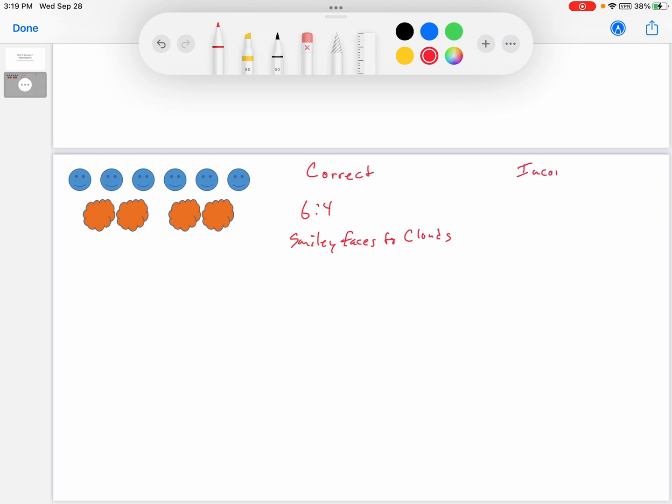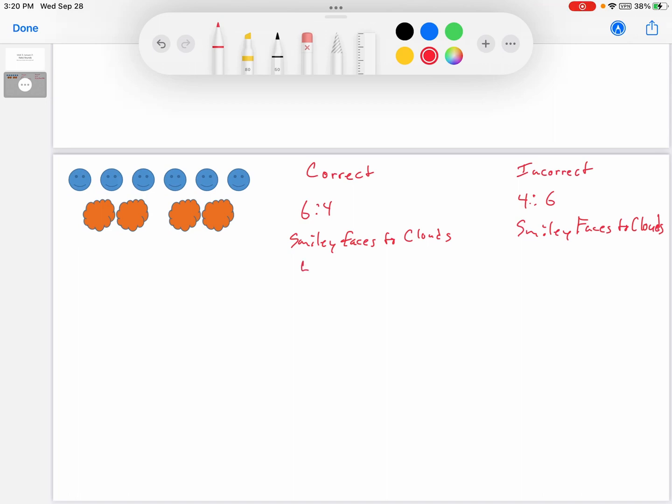Incorrect would be 4 to 6 smiley faces to clouds, because that's backwards. There are 6 smiley faces and 4 clouds. This is saying there are 4 smiley faces and 6 clouds. So this one is wrong because it is backwards.